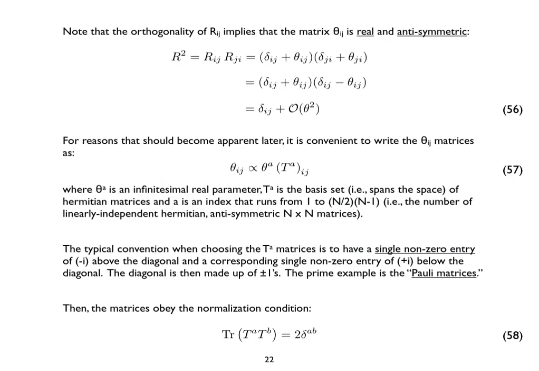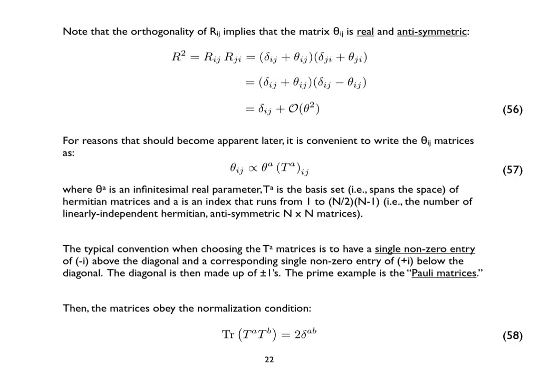And from the orthogonality of these, I can infer something about this matrix theta ij: that it is real and anti-symmetric. Because if I do a rotation and then basically the opposite rotation, I'll get back to where I am, so it's got to be equivalent to delta ij.